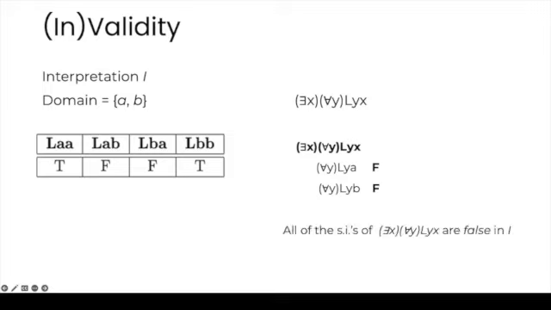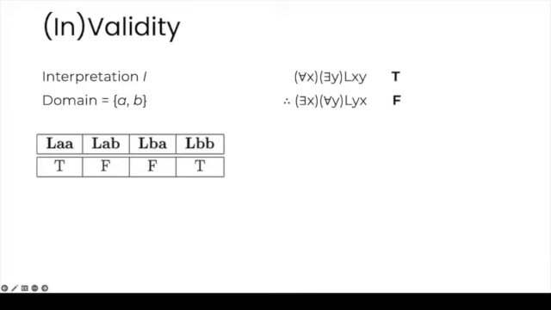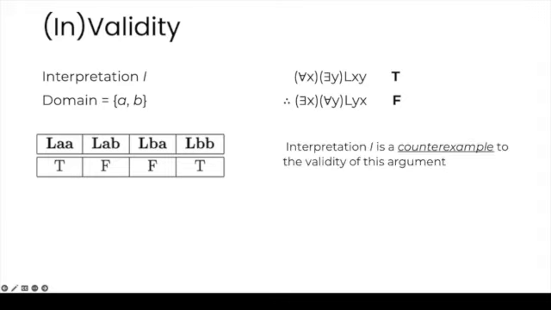So all of the substitution instances of there is an x for all y, Lyx are false in I. So this means that the sentence is false in I. But this sentence was our conclusion. So we have shown then that in this interpretation, the premise is true and the conclusion is false. So this interpretation is a counterexample to the validity of this argument. This argument is invalid.